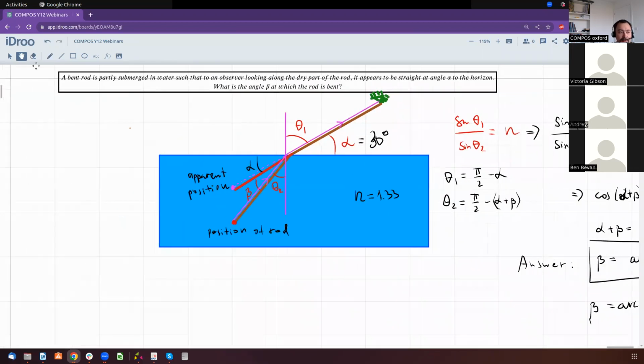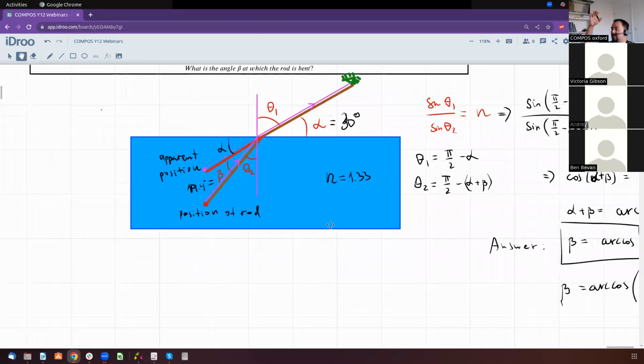If the angle is 30 degrees, this is 19.4 degrees. So this is the angle at which this stick is bent or broken, however you like to look at it.